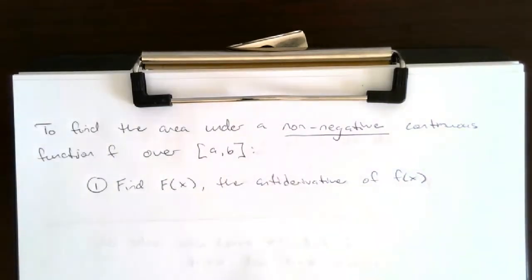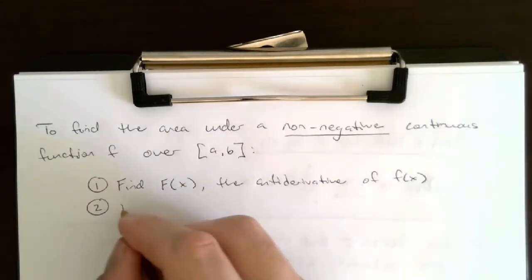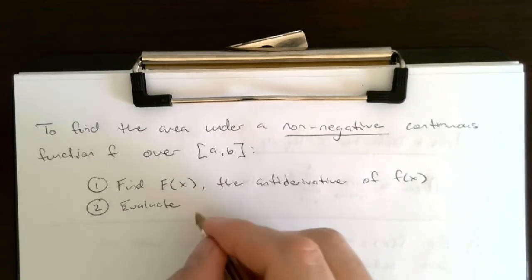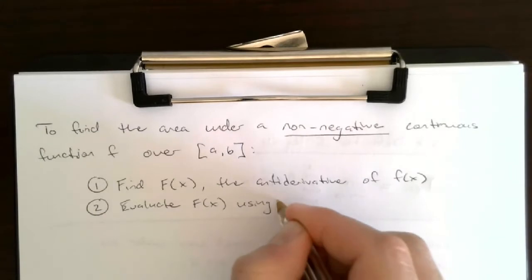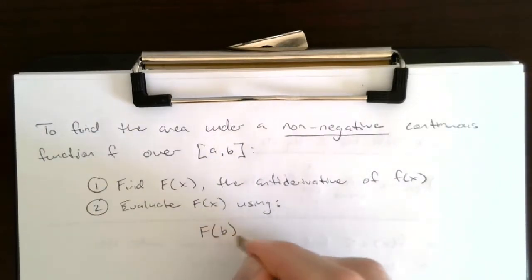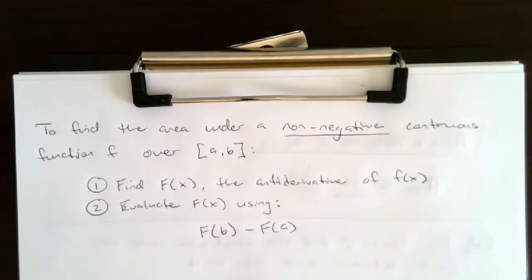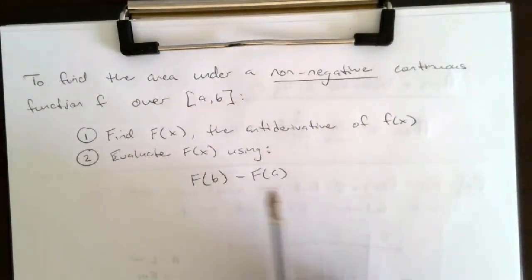So you find the antiderivative, and then the second thing you do is you evaluate capital F of x using F of b minus F of a. In other words, you substitute in the endpoints and you take the difference, you subtract. You always substitute in the right endpoint first, subtracting off the left. So F of b minus F of a.